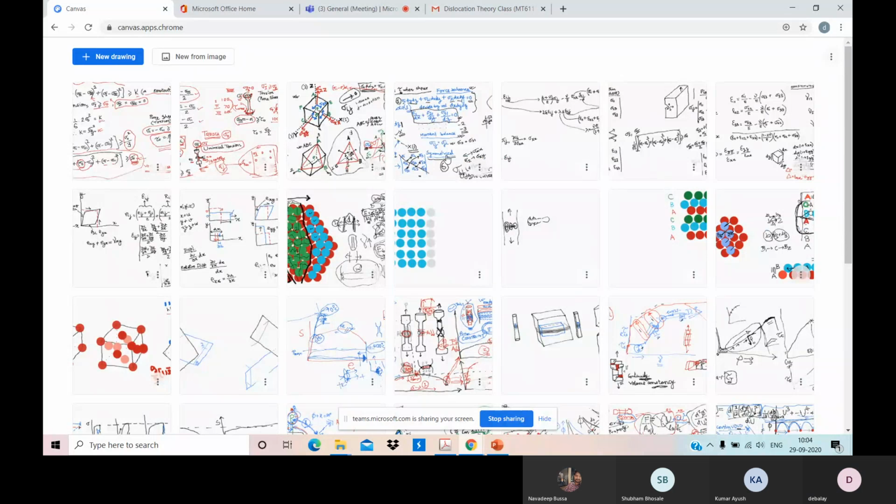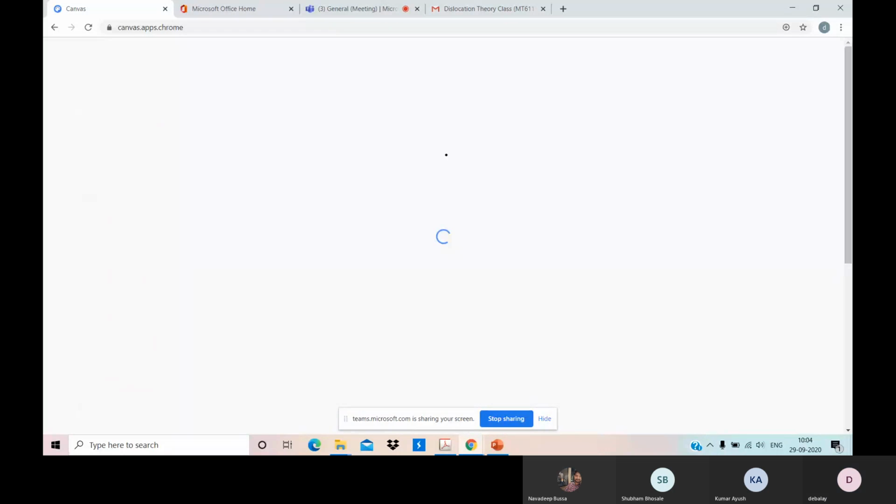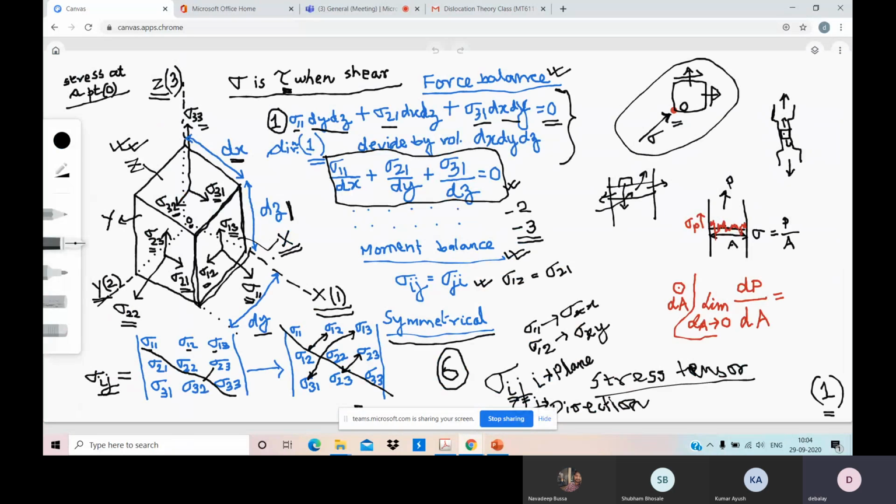First of all, we have covered the stress tensor, the stress that acts at any point inside a body at any arbitrary angle of any magnitude can be divided into 9 stress components, assuming the body to be a simple parallelepiped, and on the faces the stress components are acting.